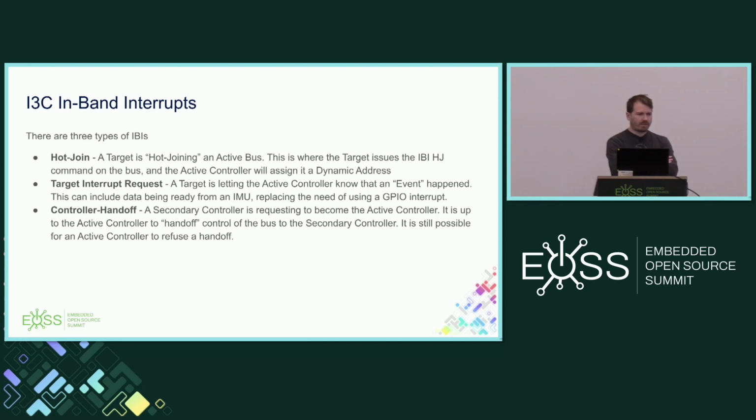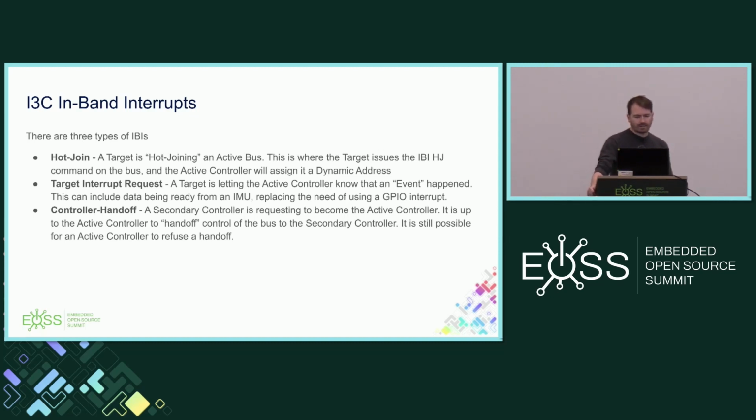The target will then broadcast its dynamic address on the bus, along with possibly a mandatory data byte and even a payload, which could describe what kind of event is happening. When that happens, the controller receives that IBI, and it should handle it accordingly, which I'll talk about in future slides.